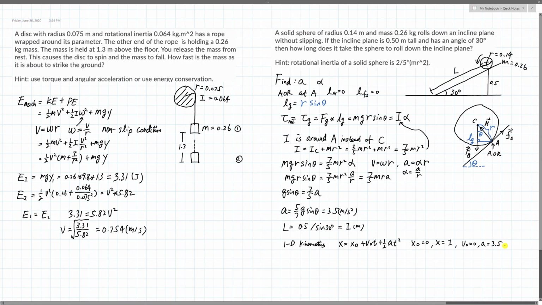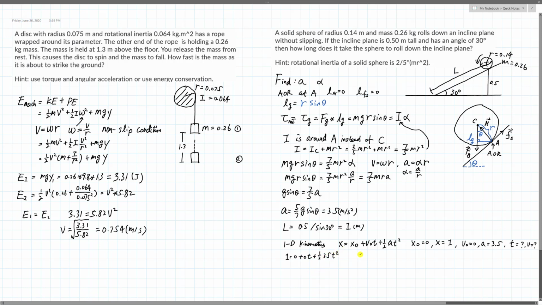What else do we have as parameters? We have t, which we don't know. We also don't have the final v, which we don't care about, how fast the sphere's center of mass is. We just want to know how long it takes. Okay, so let's plug all this into that formula. 1 meter is equal to 0 plus 0t plus 1/2 times 3.5 t squared.